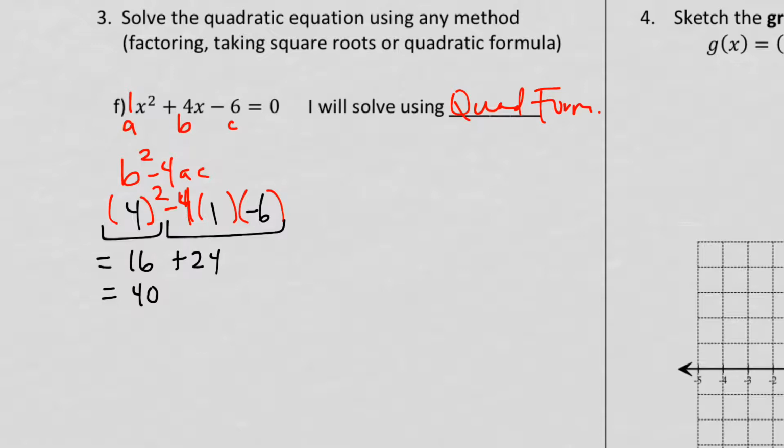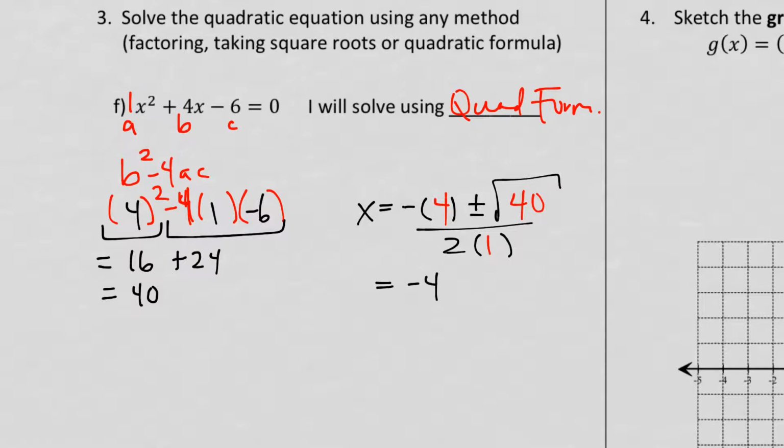So I go to my formula: x equals negative b plus or minus the square root of the discriminant all over 2a. So x equals negative b, b here is 4, my discriminant is 40, and a equals 1. As I work this out, I get negative 4 plus or minus the square root of 40 over 2.